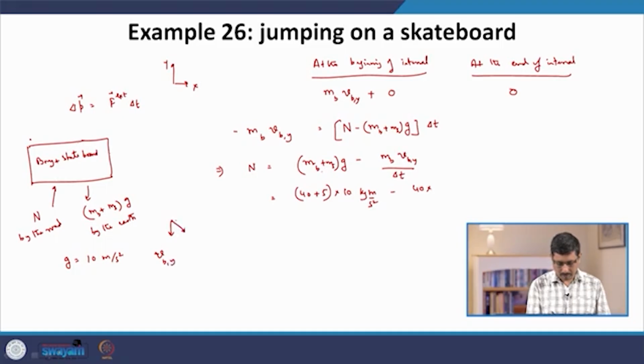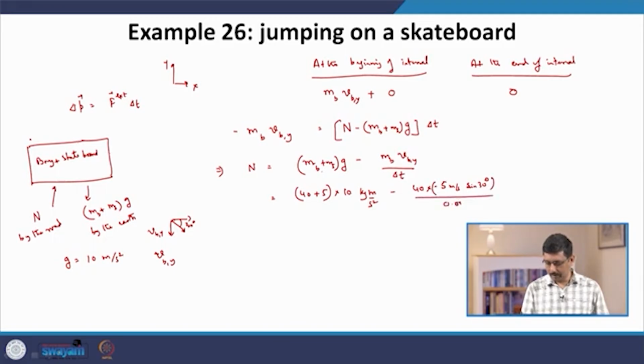Remember that the boy is coming down, so this is vby, which must be negative. So, this is 40 times 5 meter per second into sine 30 degree with a minus sign, divided by duration of the collision, which is 0.045 second, and this is 40 kg. I will let you do the simplification and show that this answer is about 2450 Newton.